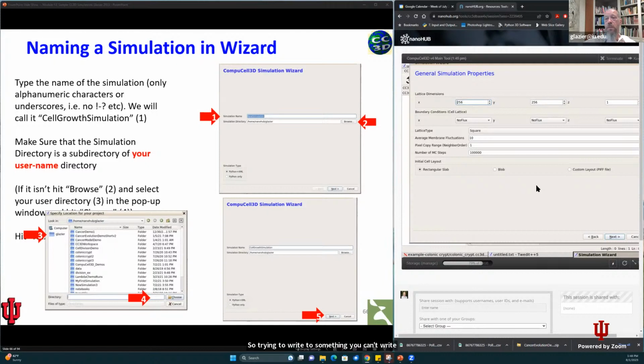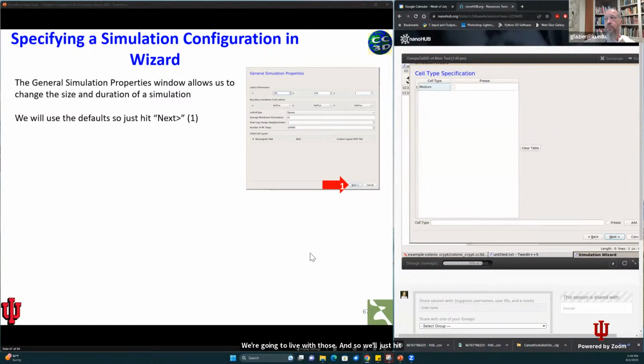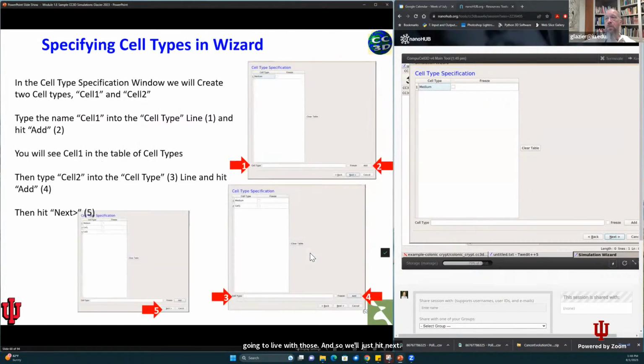For simulation properties, we don't have to make any changes here. We're going to live with those. And so we'll just hit next. Okay. We're now going to specify the cell types, and we'll just call them cell 1. And we'll hit add. And we'll say cell 2, and we'll hit add.